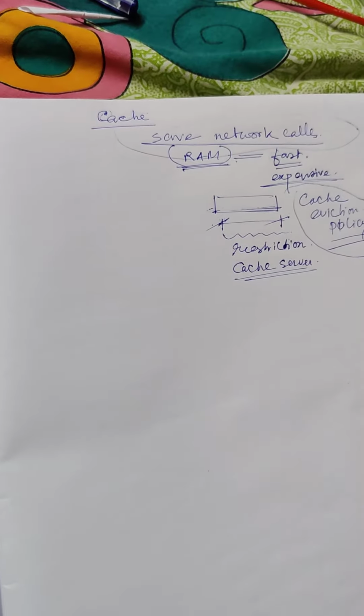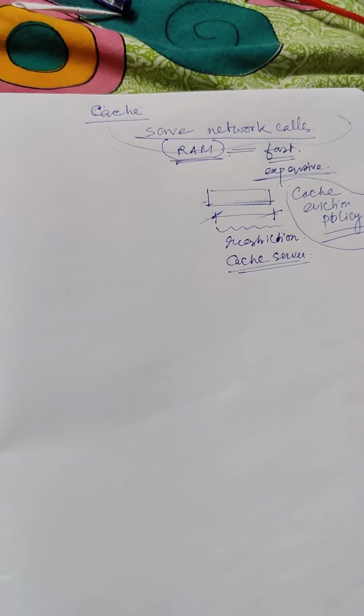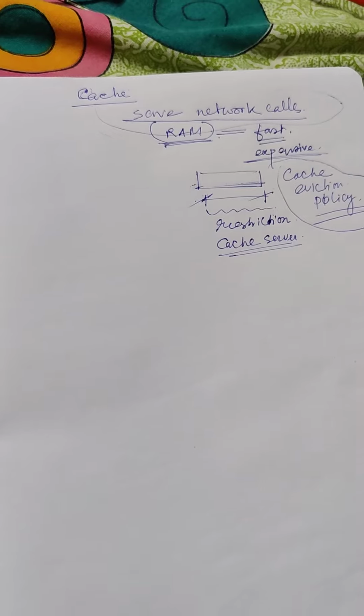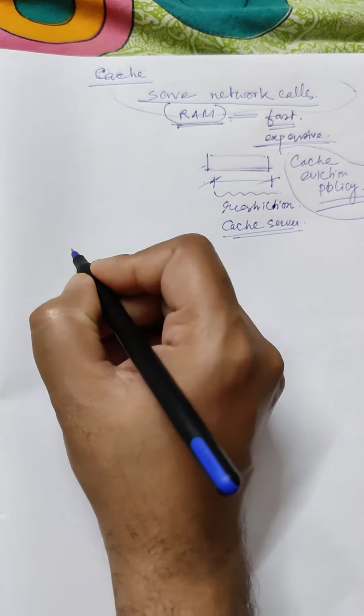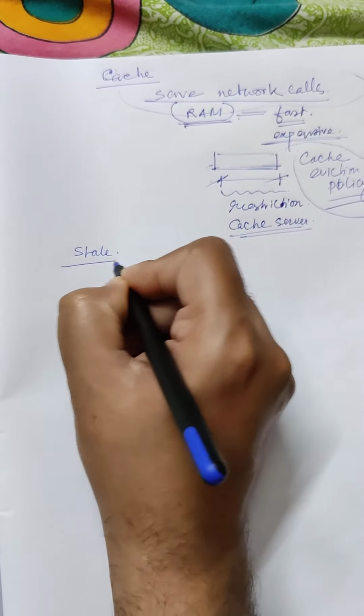Today we will focus more on how we are updating cache data, because there is one thing, I won't say an issue, but a thing we need to keep in mind: whenever we are using cache, there is a chance that the data might become stale, right?